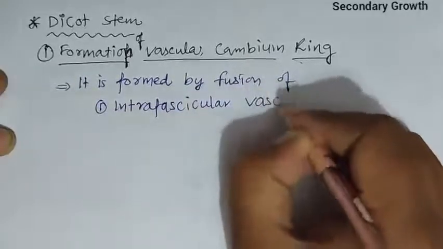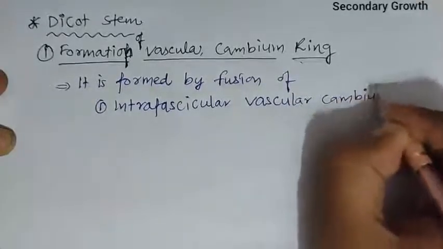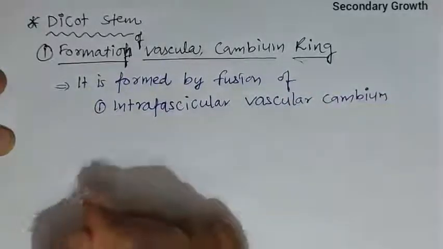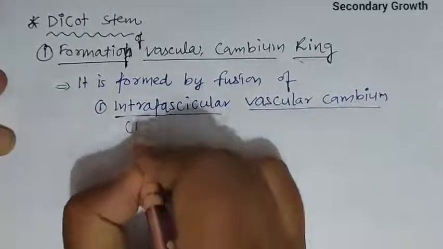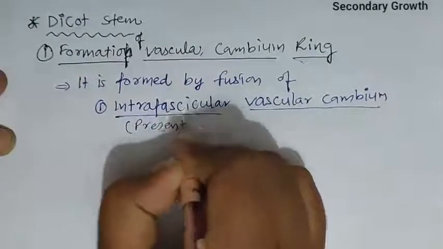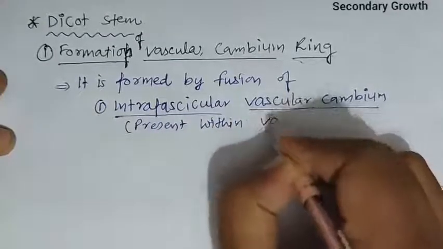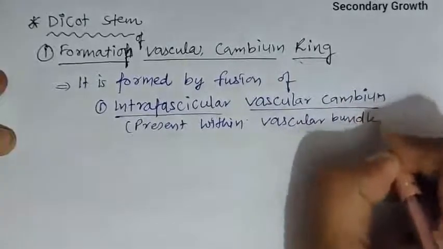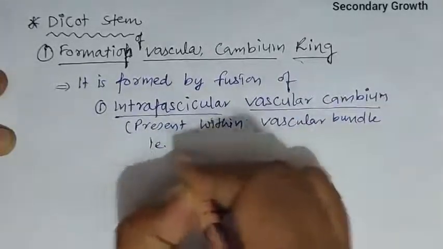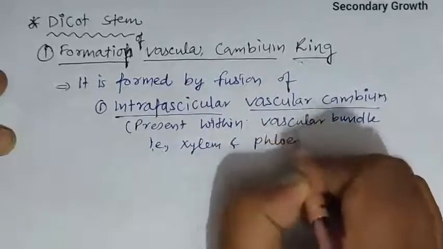intrafascicular vascular cambium, and, number two, interfascicular vascular cambium. Intrafascicular vascular cambium is present within the vascular bundle, that is, within the xylem and phloem.